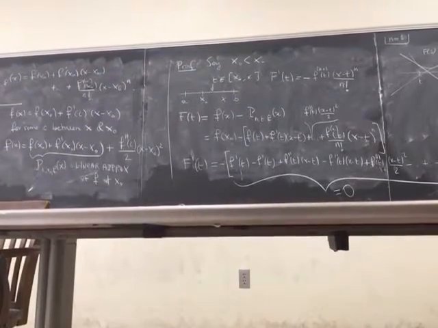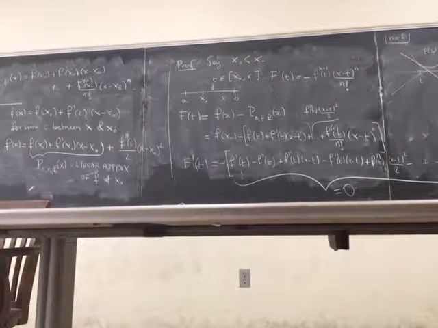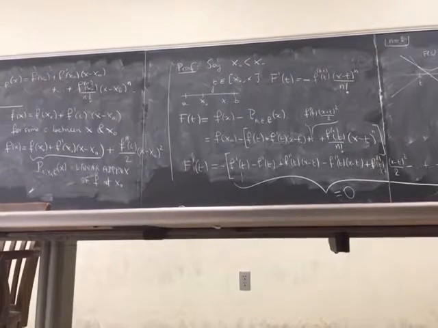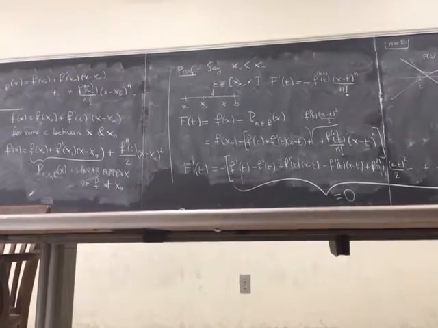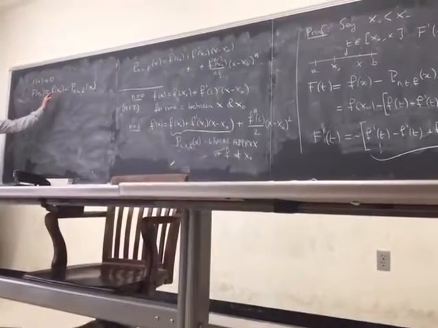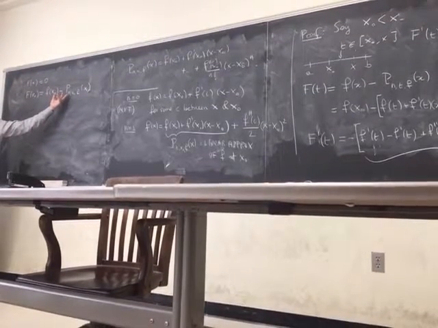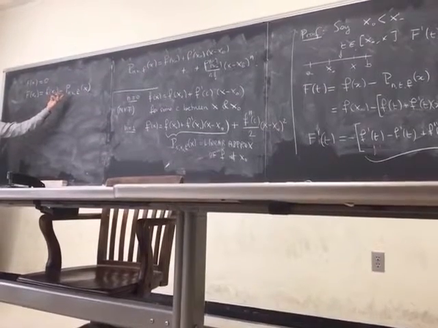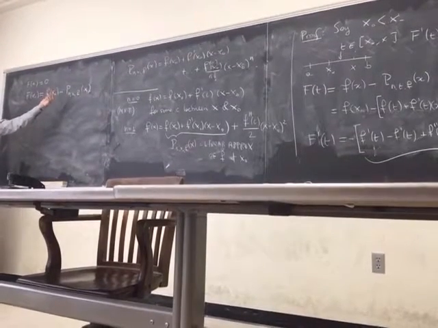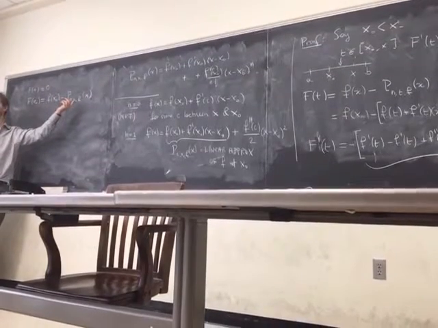So f of x naught is equal to this minus that. So remember that the goal of the theorem is showing that this thing is equal to fn plus 1 at some point c times (x minus x naught) to the n plus 1 divided by n plus 1 factorial. Okay, so the goal of the game is showing that this thing is equal to something. Alright?